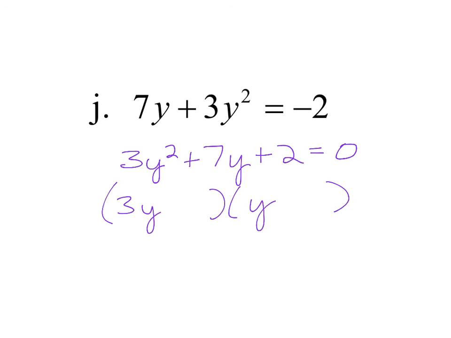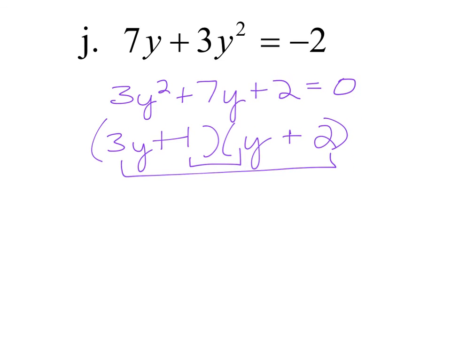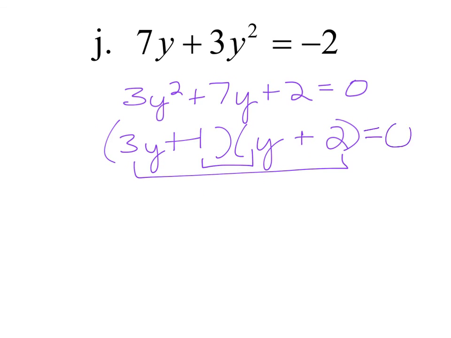And my final constant 2 is prime also. So I need some combination that's going to equal 7. Well, I have 2 and 3, and that's going to give me 6. So I have to put the 2 in, which means that 6 plus 1. There we go. They're all pluses, so these are all pluses. All right, equals 0.